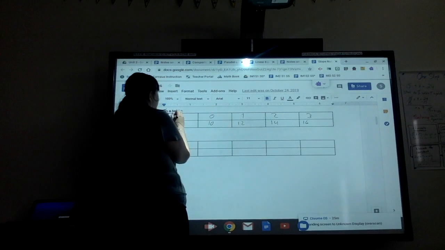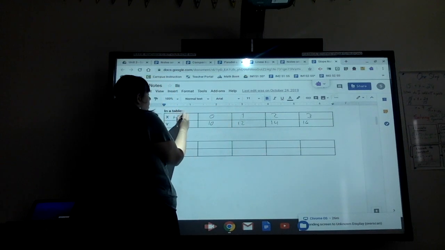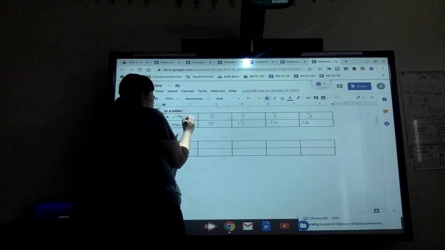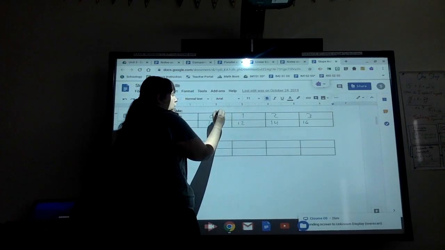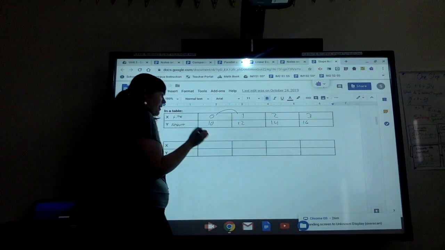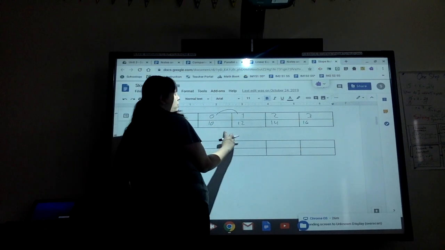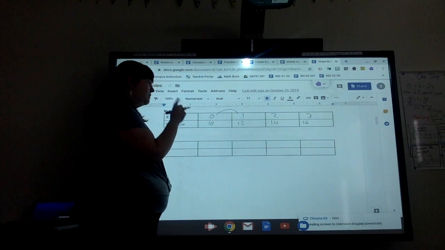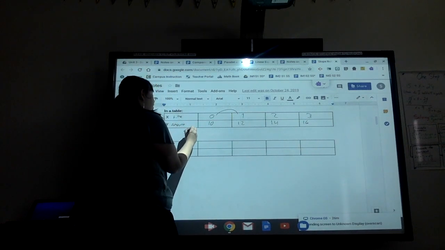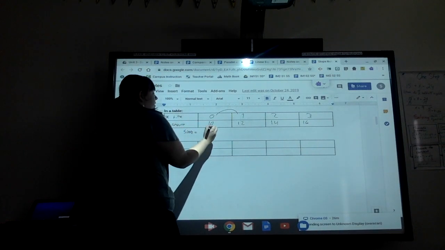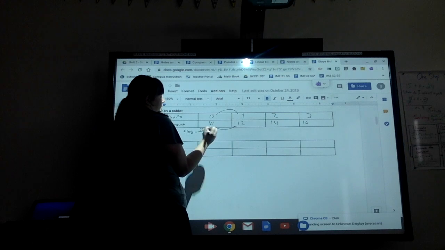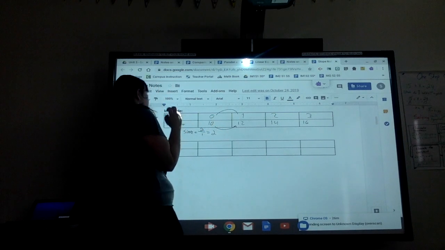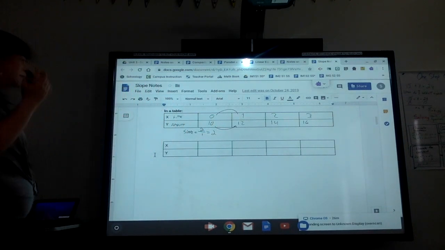Because x is always time, and y is always amount, you're only changing by 1 second, your time. However, from 10 to 12, the amount changes by 2. So the slope in this case is the fact from 10 to 12, you go up 2. And time-wise, from 0 to 1, only 1 second passed, and 2 divided by 1 is just 2. So our slope in this case is 2.